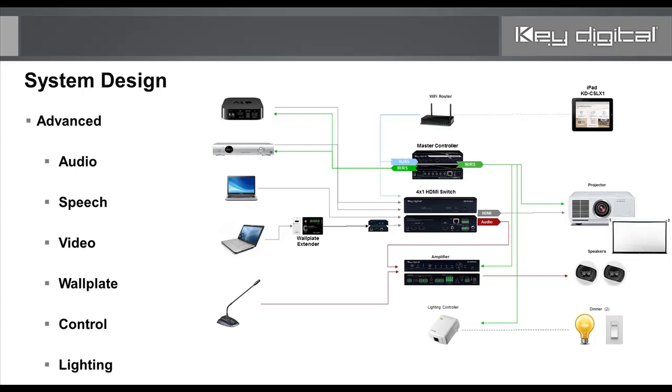And adding lighting control from KeyDigital Compass Alliance partners such as Leviton, Lutron, and more, you're able to build a really superior environment for the system, not to mention controlling the projector on and off and the screen through voltage and relay control. And so these are some very typical designs that we come across here in our system design group.